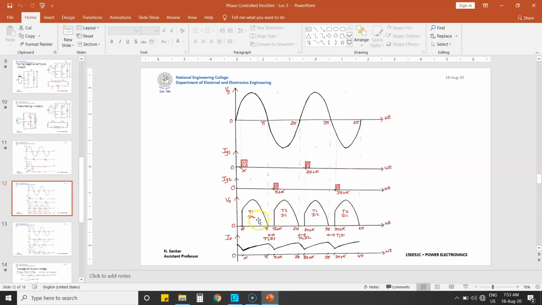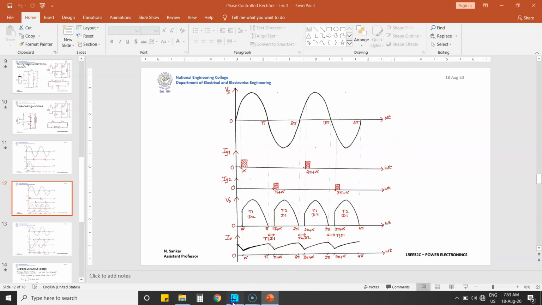Similarly, from alpha to pi, thyristor 1 and diode 2 will conduct, and from pi to pi plus alpha, there will be freewheeling. At that time, thyristor T1 and D1 will conduct. For the next negative cycle, thyristor T2 and diode D1 will conduct. This will get repeated.